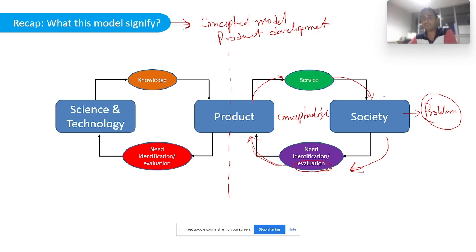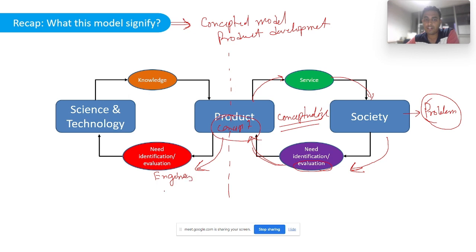Now this particular stage is the conceptual development stage. Now when we have a concept, to realize the concept, we have another set of needs and requirements, which are more like the engineering or practical requirements, feasibility wise.